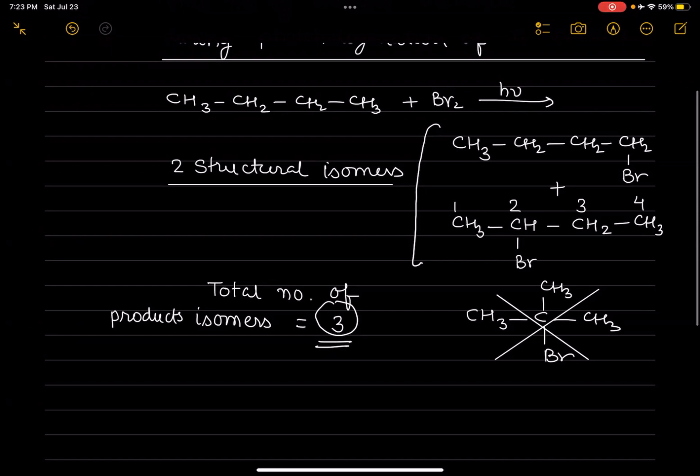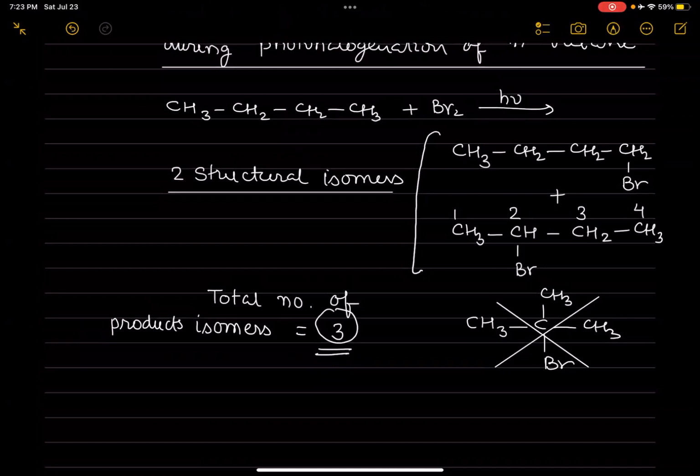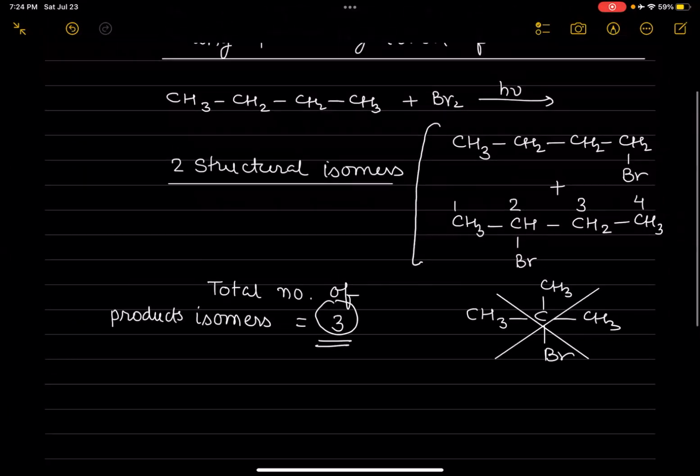Okay, the chiral molecule and its mirror image are known as enantiomers. The definition of enantiomers is non-superimposable mirror image isomers. Okay. Yeah, so there are 3 total.